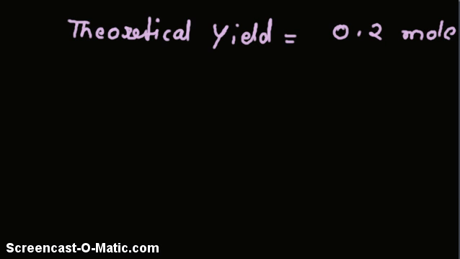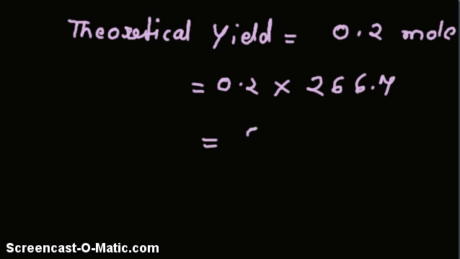So theoretical yield is 0.2 moles, which we will convert to grams, that is equal to 0.2 multiplied by the molar mass of aluminum bromide, which is 266.7, which gives 53.34 grams.